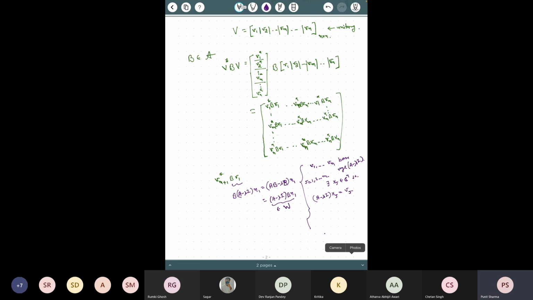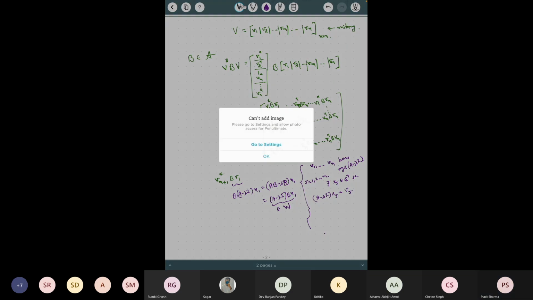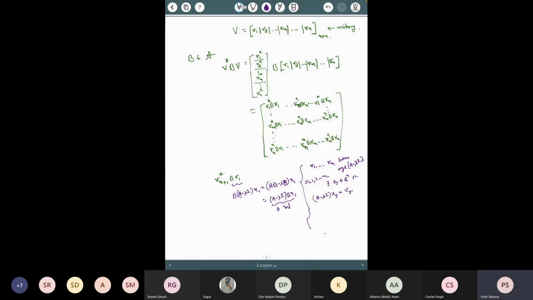If this is in W, and we know that V1 to Vm form an orthonormal basis for W, and Vm plus 1 up to Vn, these vectors are orthonormal, so clearly this vector belongs to the span of V1 to Vm.